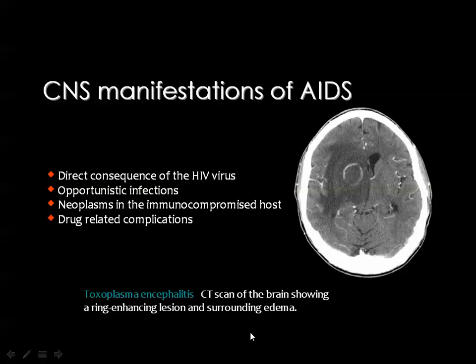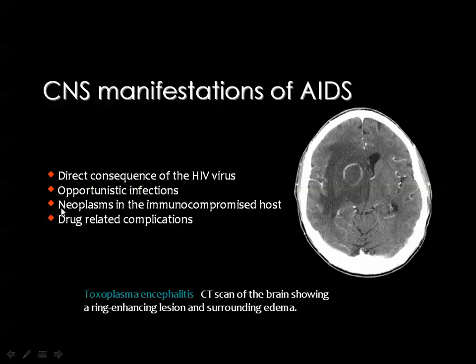Then finally, we come to the manifestations of AIDS inside the brain. The manifestations may include a direct effect of the virus itself on the brain parenchyma, or the virus being a major cause of immune compromise, which allows many opportunistic infections to go inside the brain.